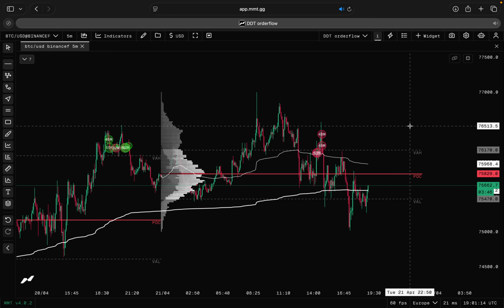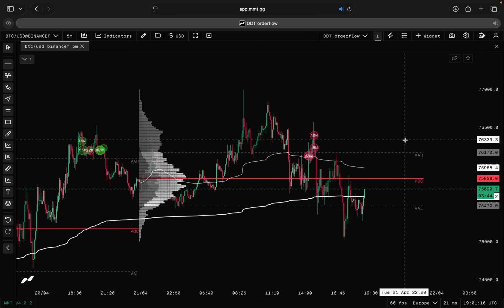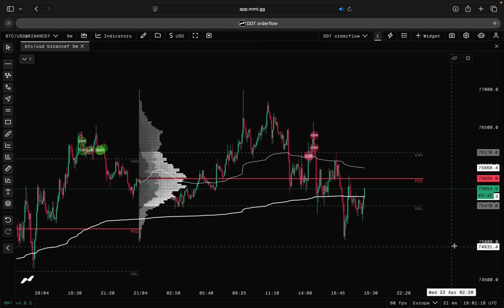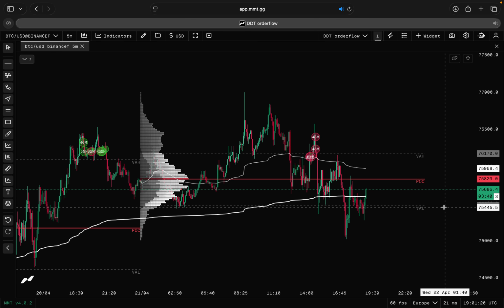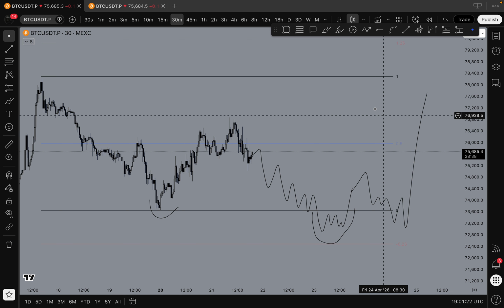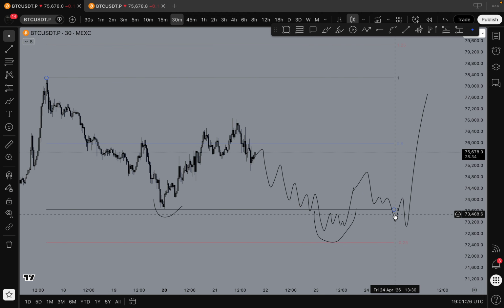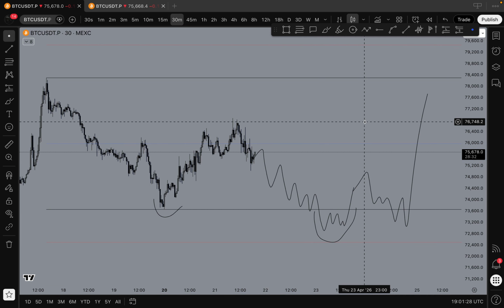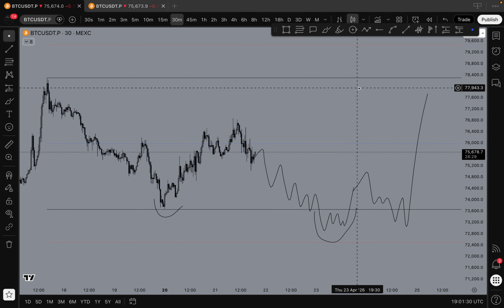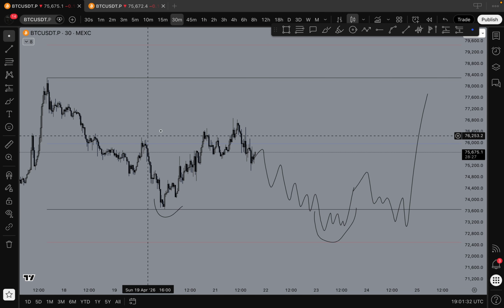There are a lot of things that can work or cannot work, but you should not use every metric or every tool there is, in my opinion. Trading, you should keep it as simple as possible, and this is already pretty complicated, but this is all I need. But you can use the moon cycles, for example, together with this.